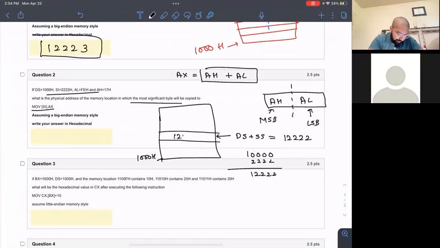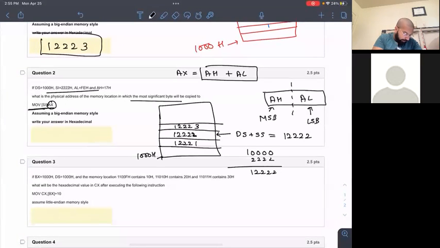This address is this, and the lower one will be 12221, and the higher will be 12223. Since we're moving the content of AX to the location of SI, which is this location.